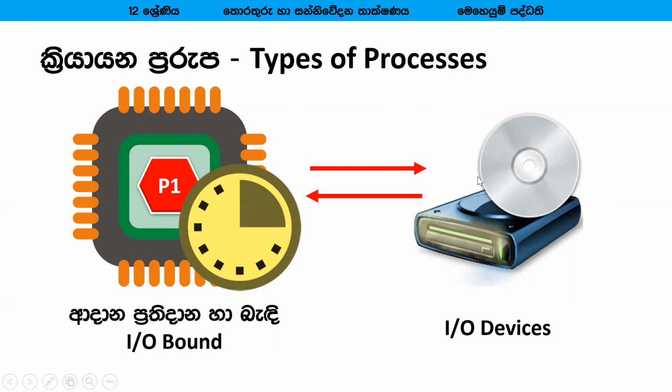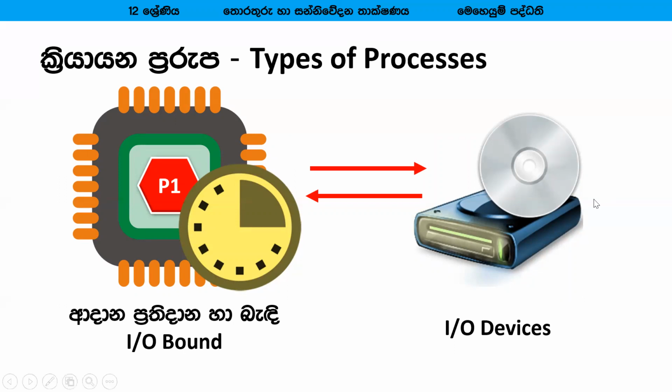Every one of these is processed inside the CPU, but the speed depends sometimes on the CPU, sometimes on the input output device. So when the process depends on the input output device, it's going to take more time to execute.